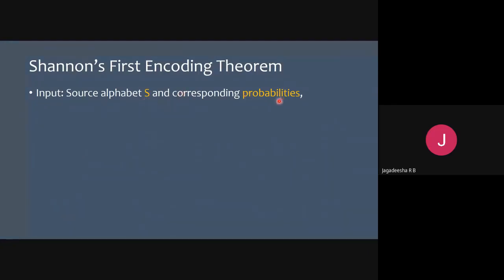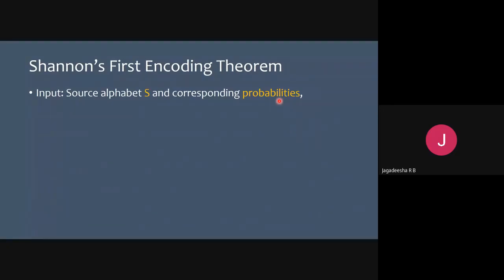For example, A will have a probability of 0.2, B will have a probability of 0.5, and so on. This information we know in the case of Shannon's first encoding theorem. If this information is known, how can we code these messages? That idea is nothing but Shannon's first encoding theorem.